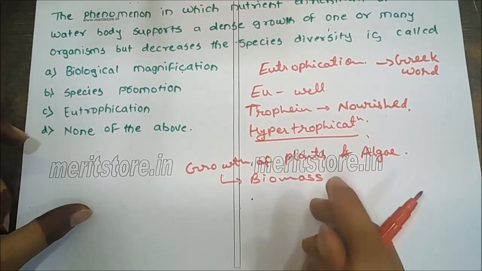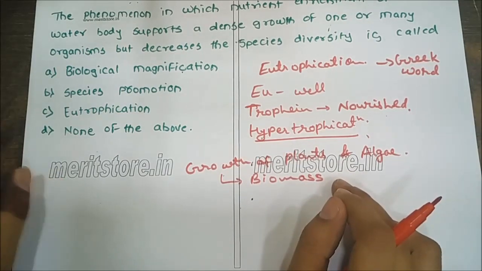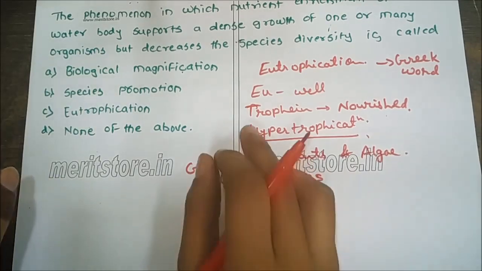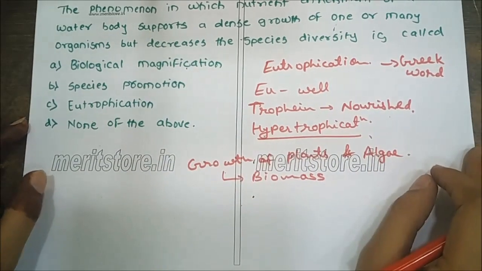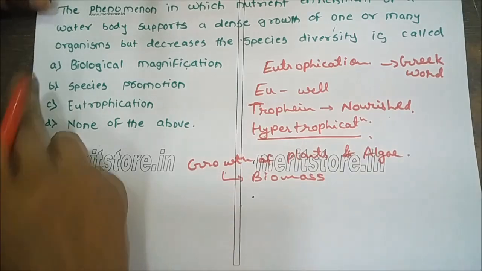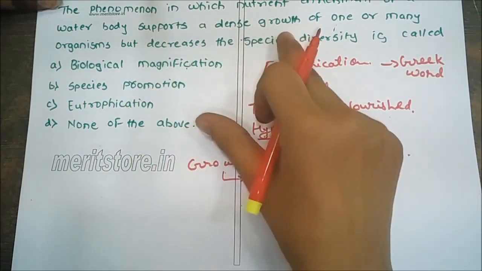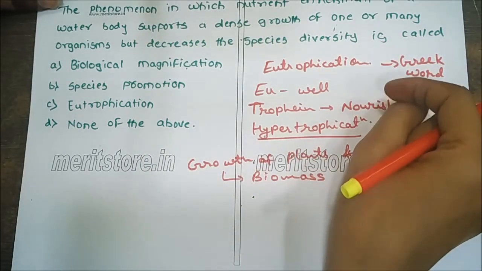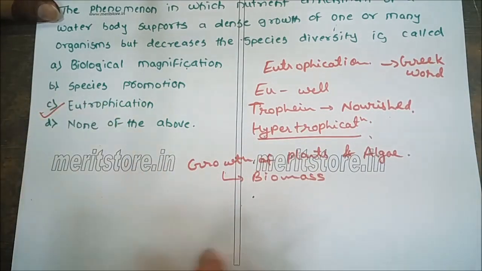This biomass will cause the depletion of oxygen in that water body, and it will have adverse effects on fishes and other aquatic animals. So the phenomenon in which nutrient enrichment of a water body supports a dense growth of one or many organisms but decreases the species diversity is called eutrophication.